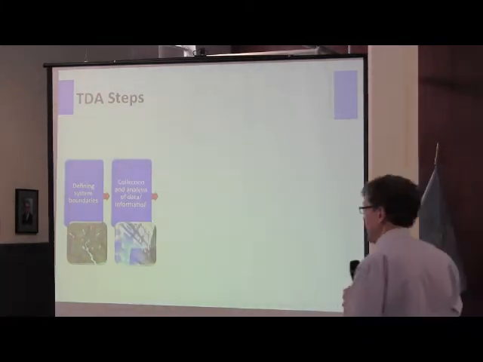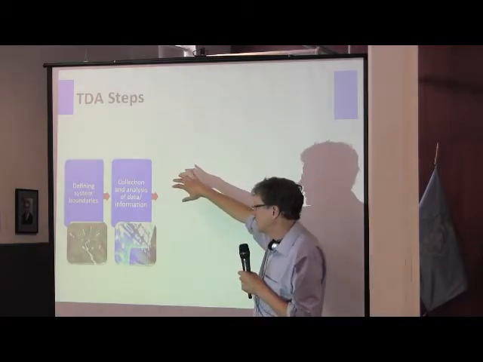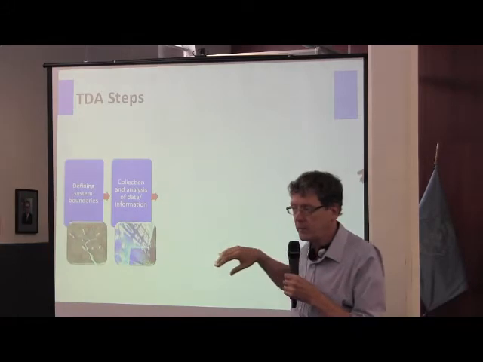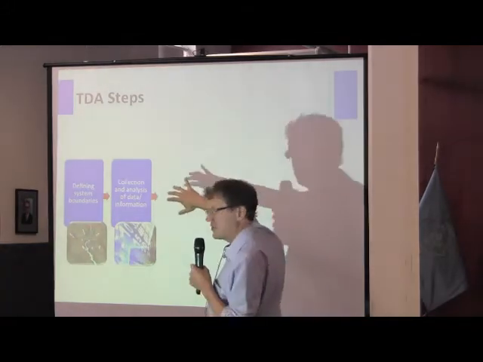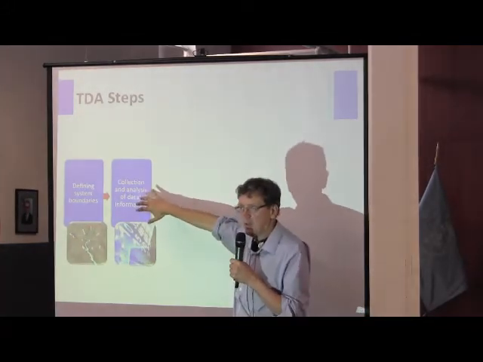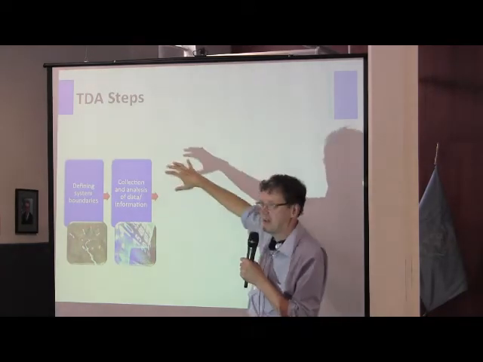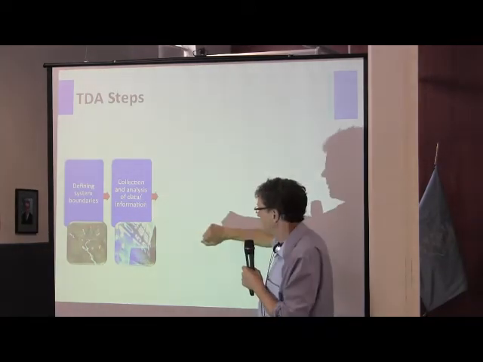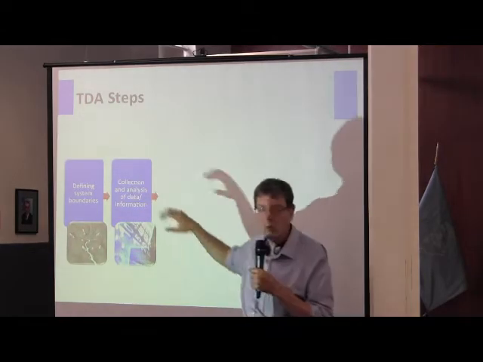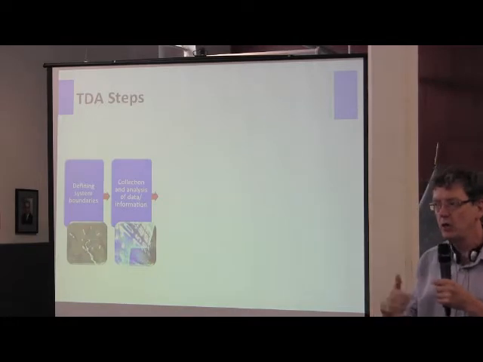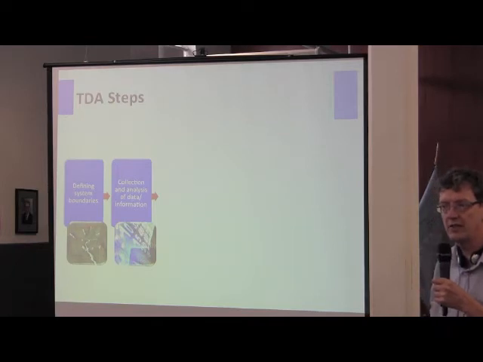The second step then is all about collection and analysis of data and information. It's a bit of a chicken and egg situation, because in a way, unless you know what all the problems are and what the causes are, you don't necessarily know what the information is. But nearly all of the information and data that's available will be known by the group of people that are developing the TDA, or they will know people that do know where the information is.